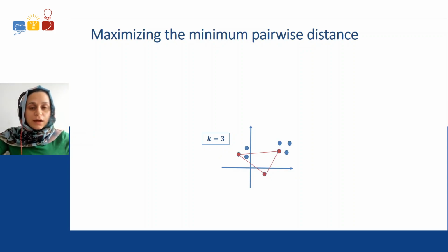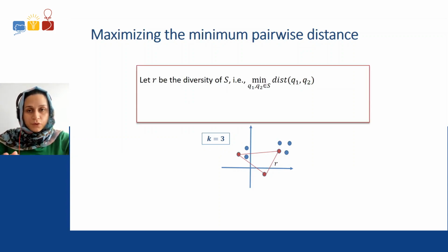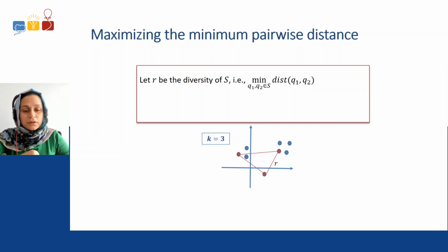Okay, and it repeats for k iterations until it gets k points. So now let r be the minimum distance between these k points, okay? In particular, it's equal to the distance of the last point that we picked to one of the previous ones.